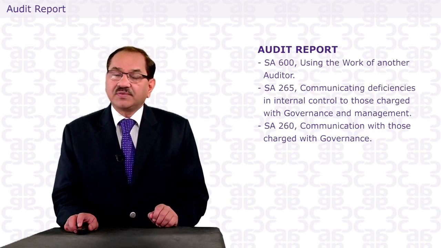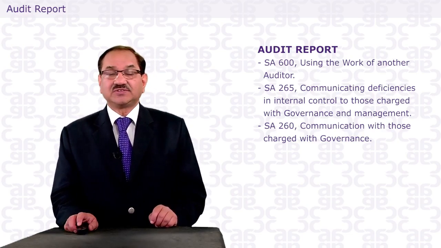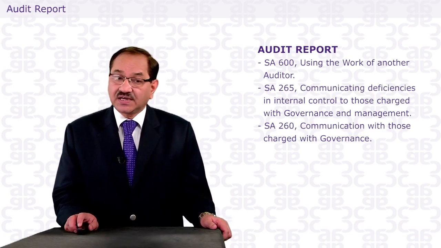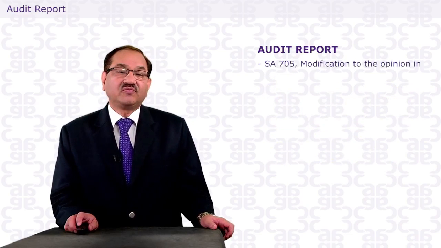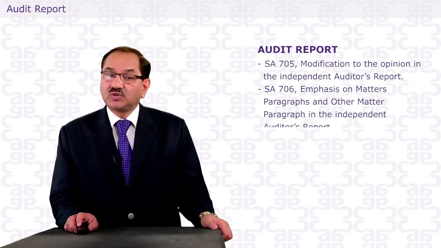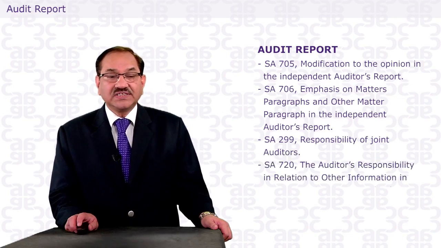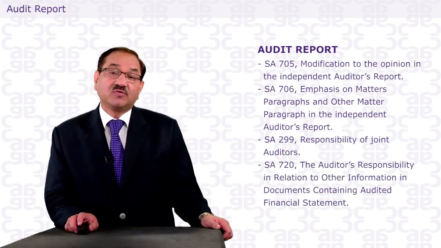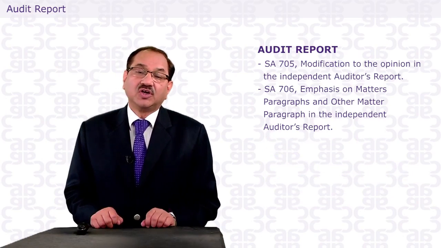And after that, the audit report, which you will see published along with the financial statements, that is SA 700, and we will have SA 705, SA 706, SA 299 and SA 720. So these are the auditing standards which we are going to discuss, and all of them are part of your reporting.